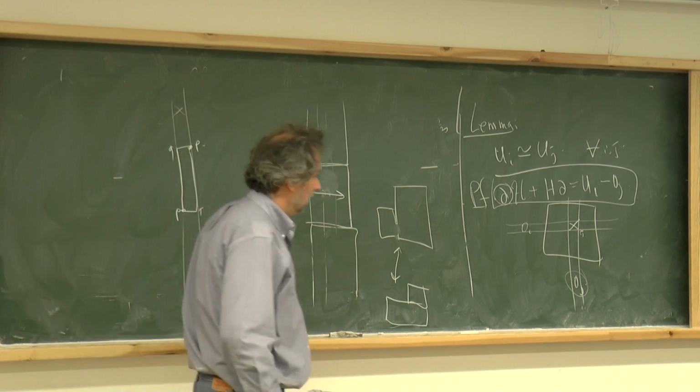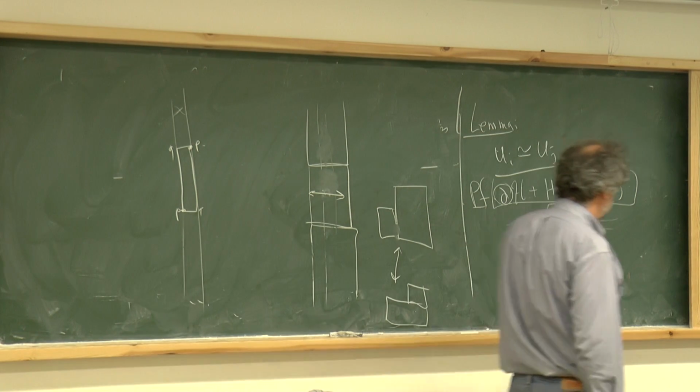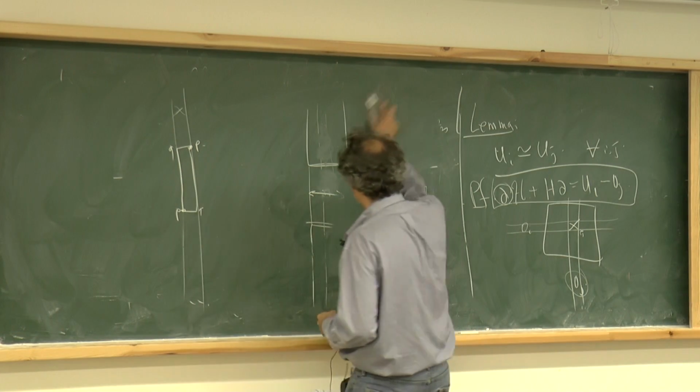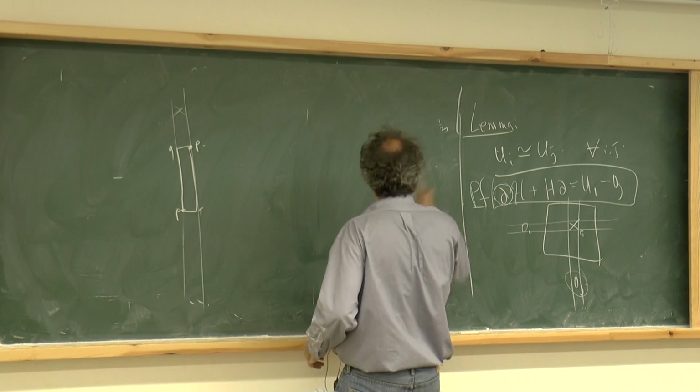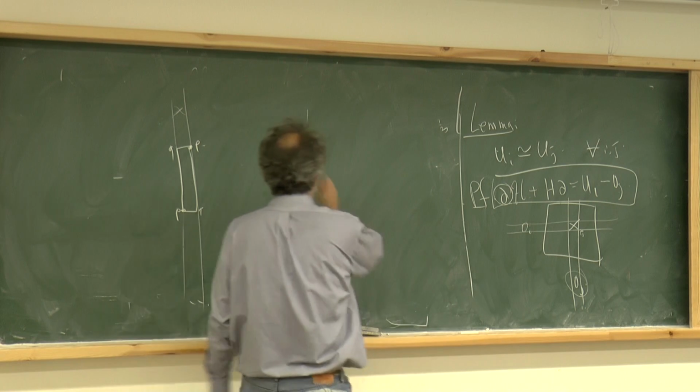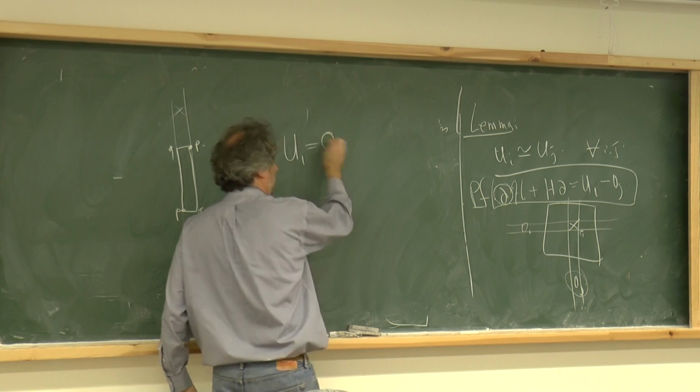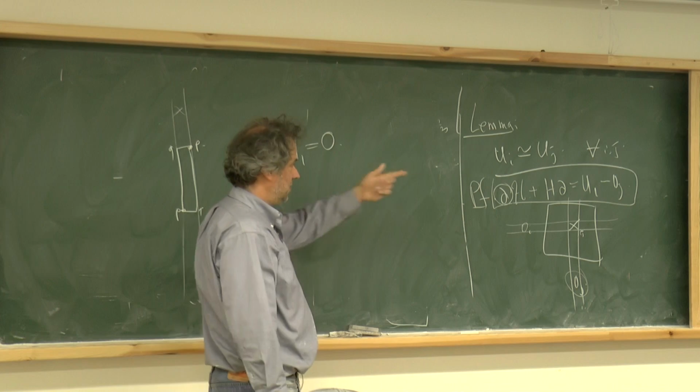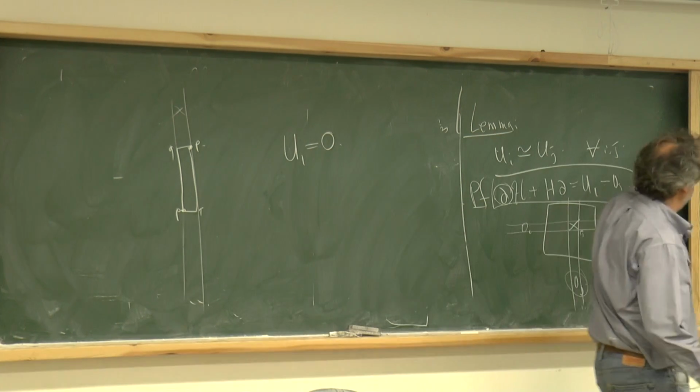Okay, so we now have this chain complex, and there's another thing we can naturally do to that chain complex, and that is we could set U1 equal to 0 in that chain complex. I've just defined this chain complex GC minus.